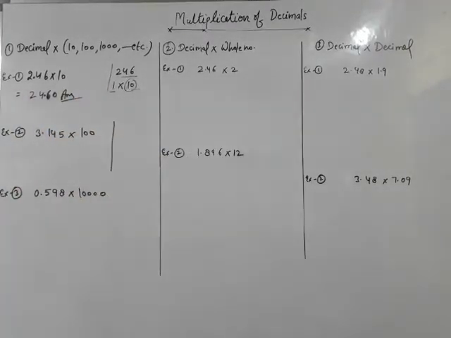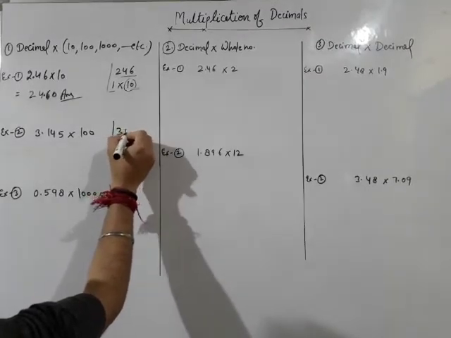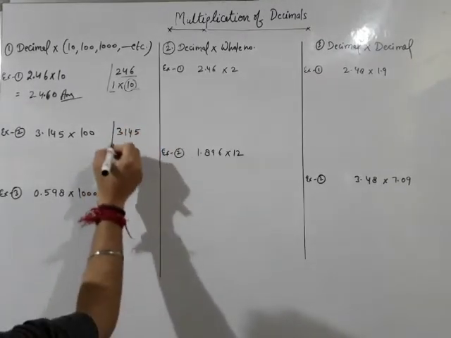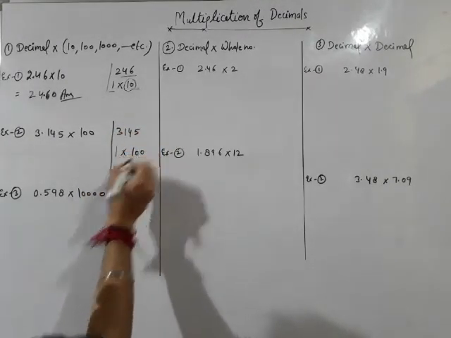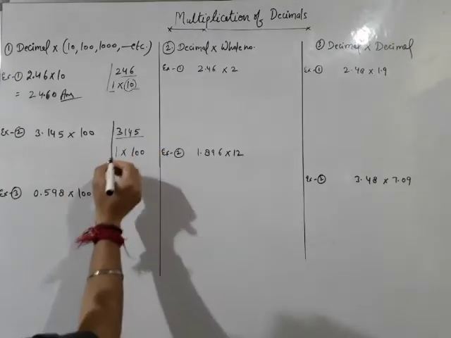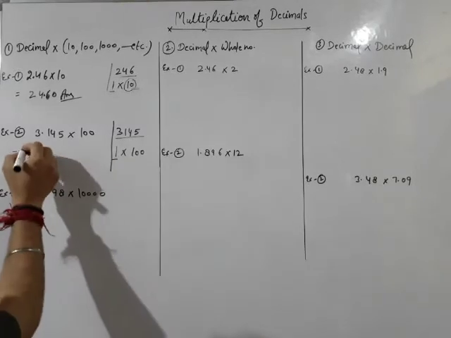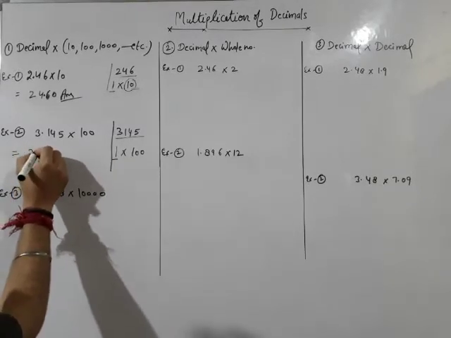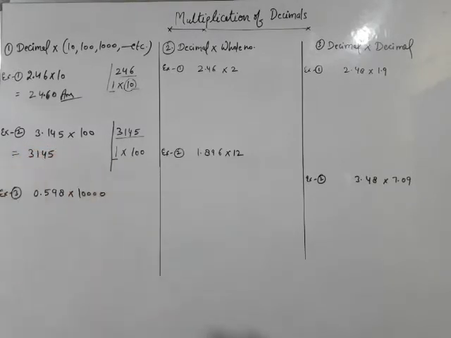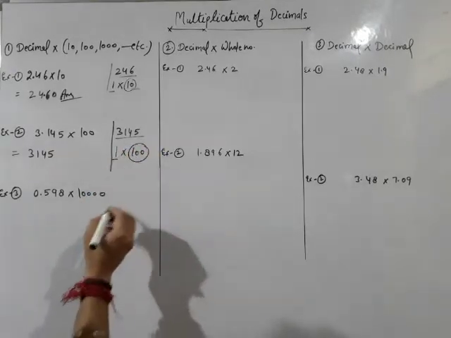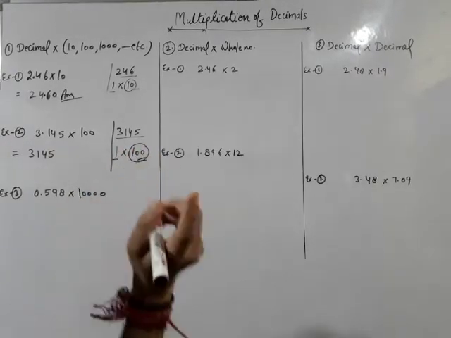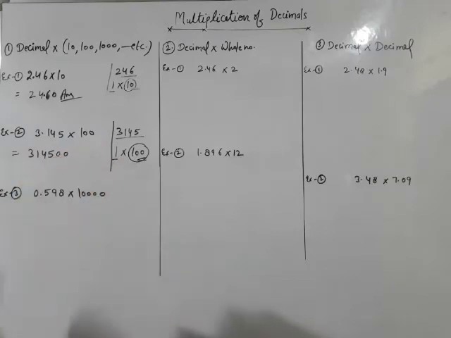Start the second example, 3.145 multiplied by 100. Remove this decimal point, then it will become 3145, and 100 can be written as 1 into 100. Multiply this by 1. 3145 multiplied by 1 will be equal to 3145. Now multiply it by 100, and in 100 we have 2 zeros, so we will put 2 zeros here.